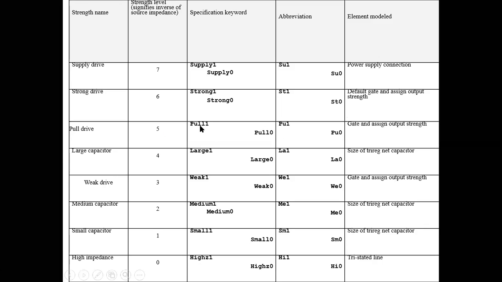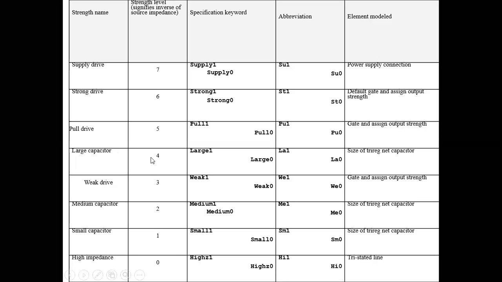You should find the difference between L and 1. This is pull 0. These are just indicated like PU1 and PU0. These are used for gate and assign output strengths.